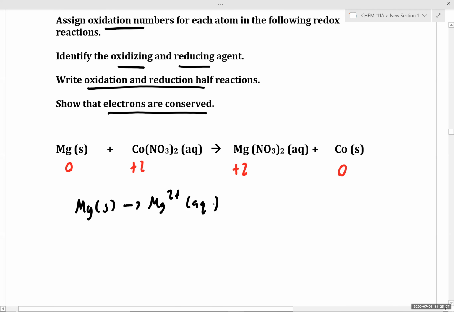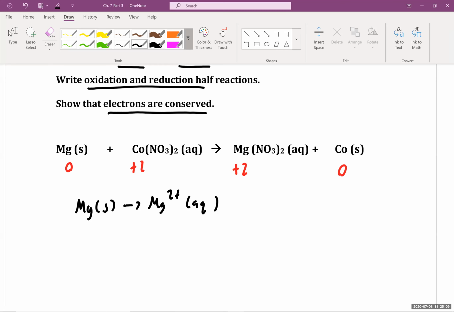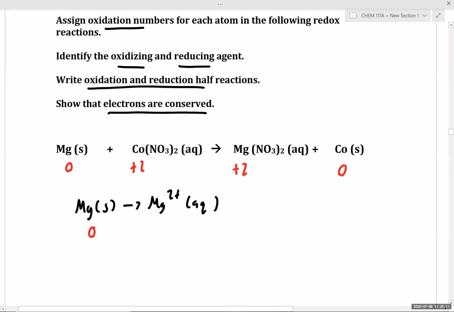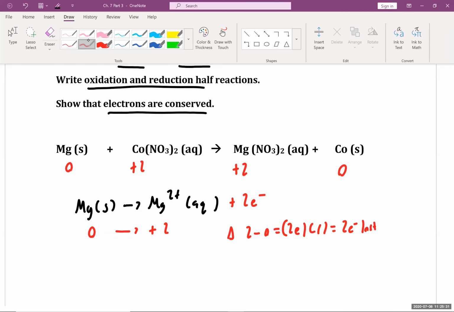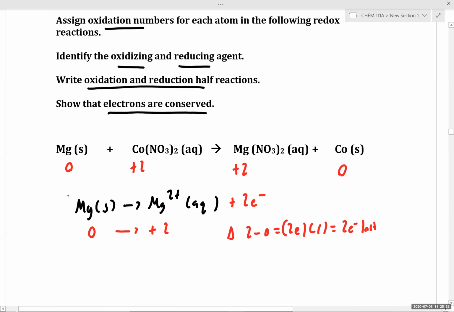So if we went from 0 all the way to +2, we're losing electrons. So we put them on the product side. Our difference is 2 minus 0, which is 2 electrons times 1, which is 2 electrons lost. Since we're losing electrons, we classify this first reaction as the oxidation half reaction.